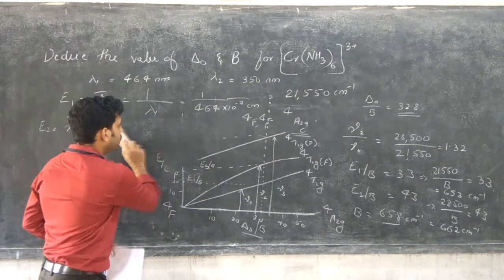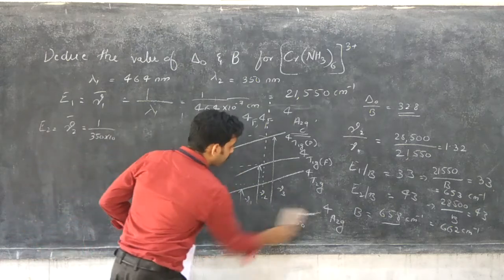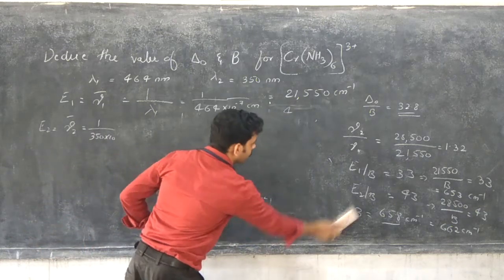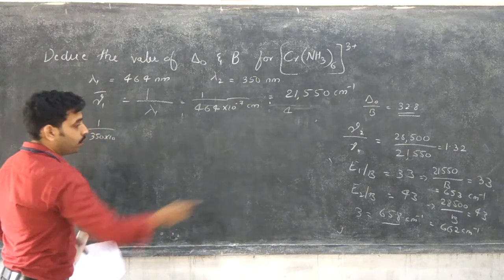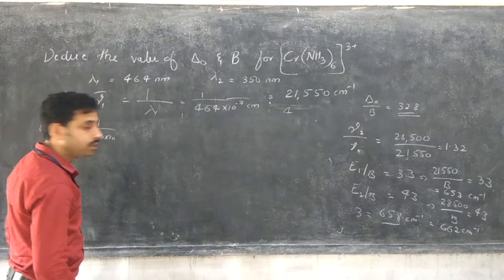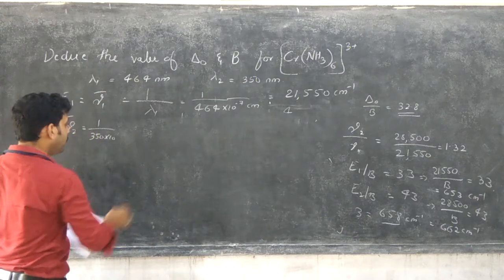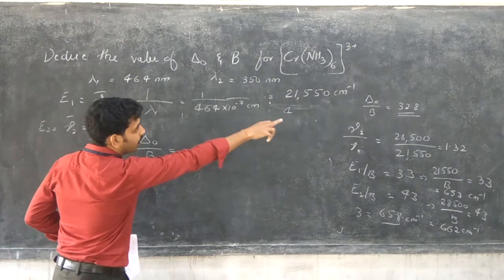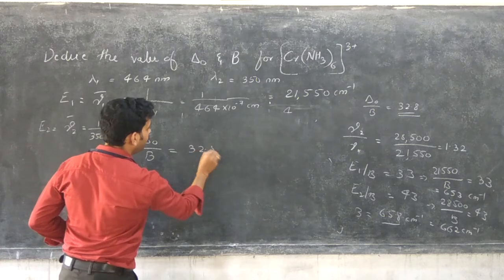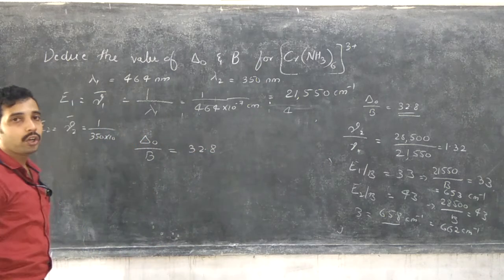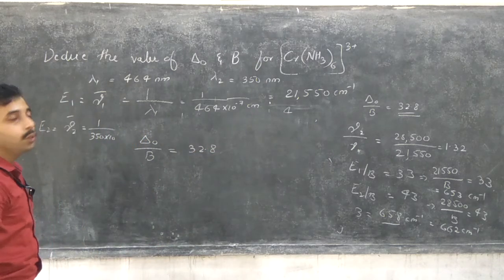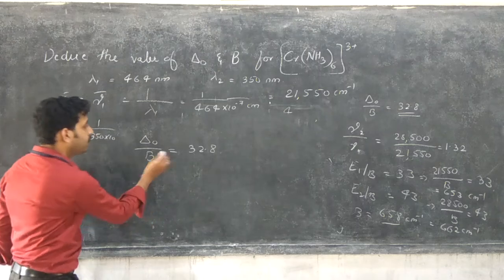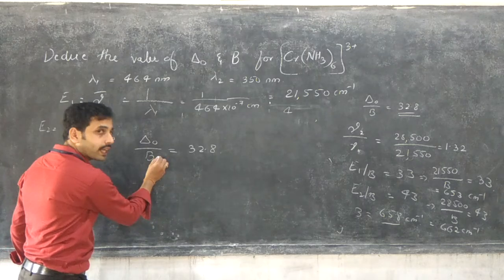For the delta naught by B calculation, once you calculate the B value, then delta naught by B is equal to the already calculated 32.8. Clear? Delta naught by B is equal to 32.8. From that we know the B value, the Racah parameter.